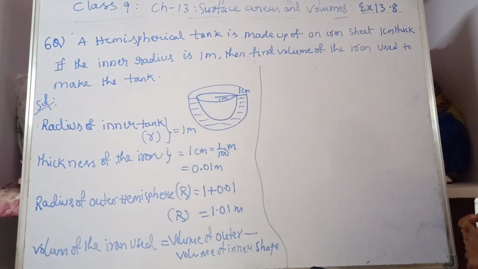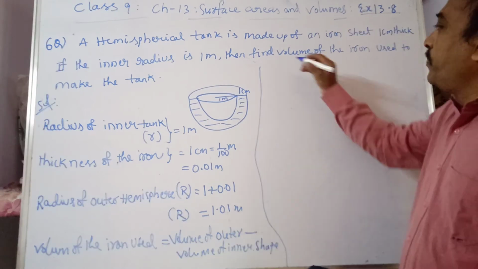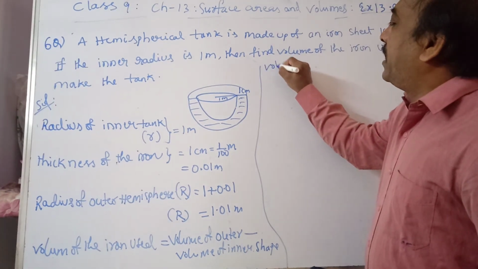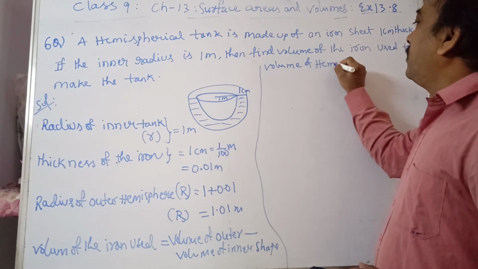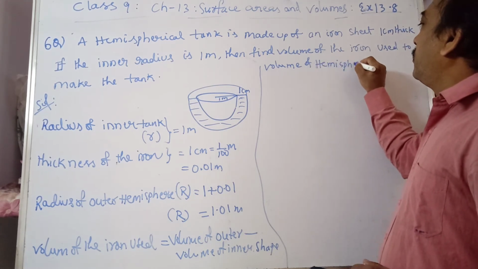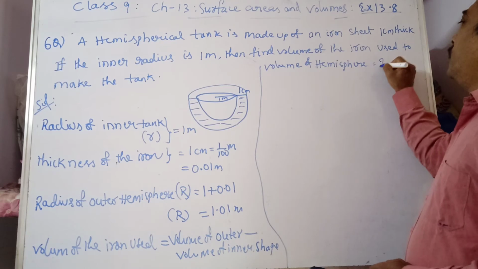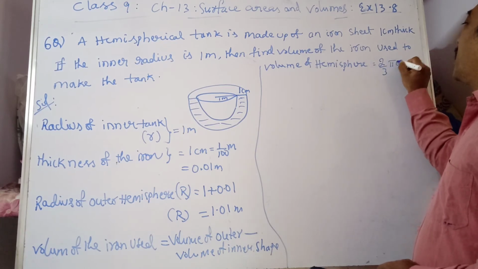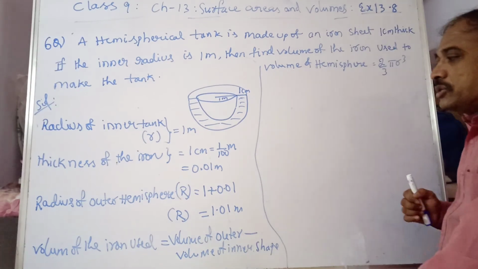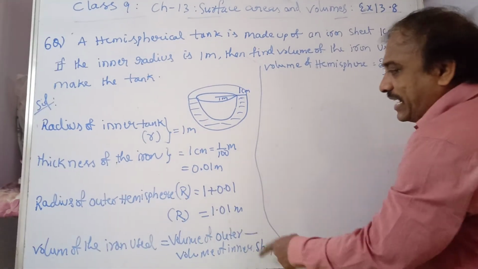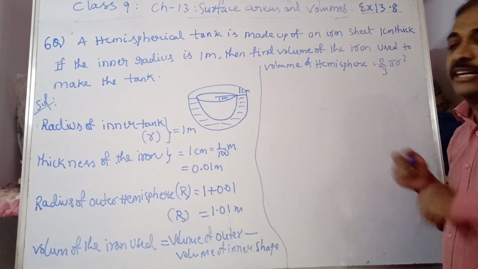2 by 3 pi r cube. Right? So the volume of a hemisphere is equal to 2 by 3 pi r cube. Now one is outer and one is inner. So the outer radius is capital R and the inner radius is small r. Observe it.